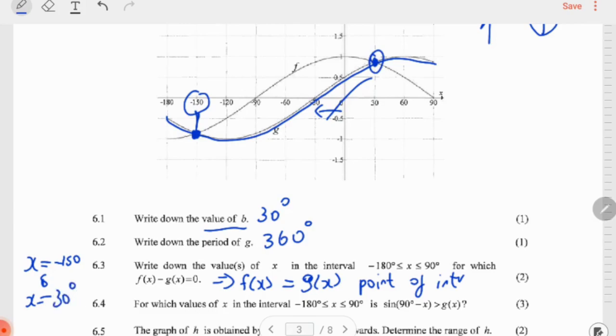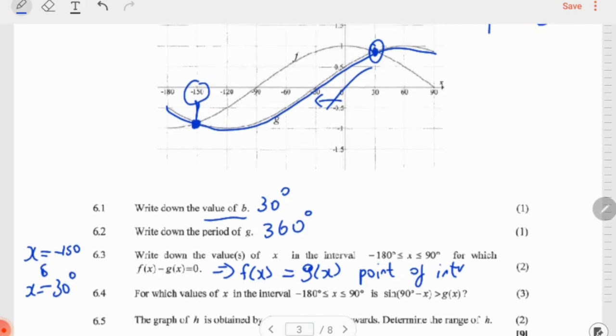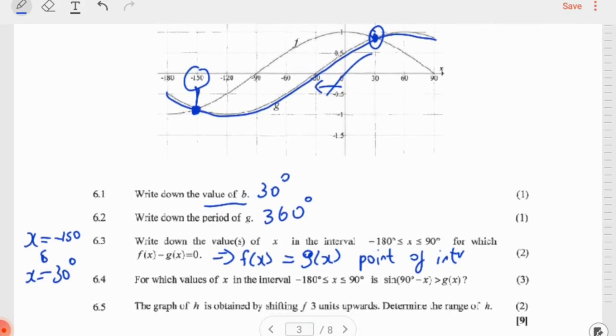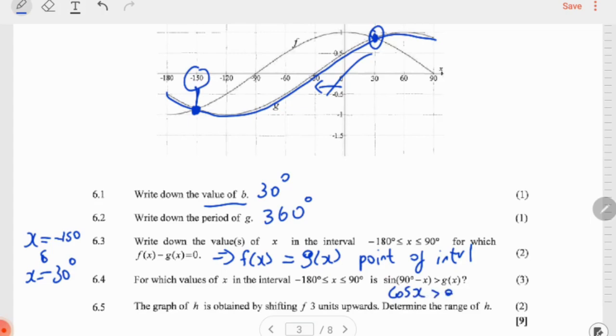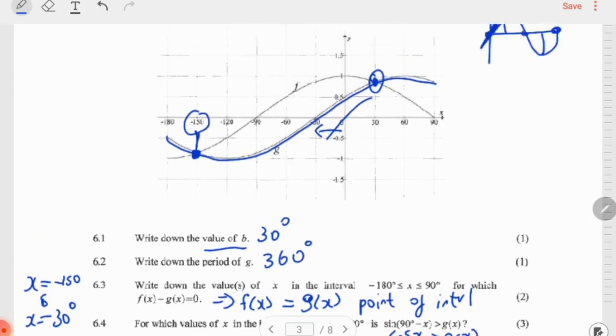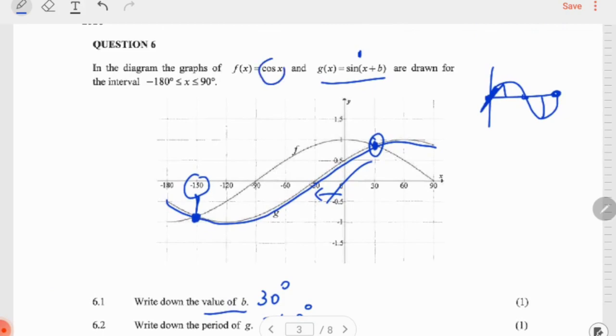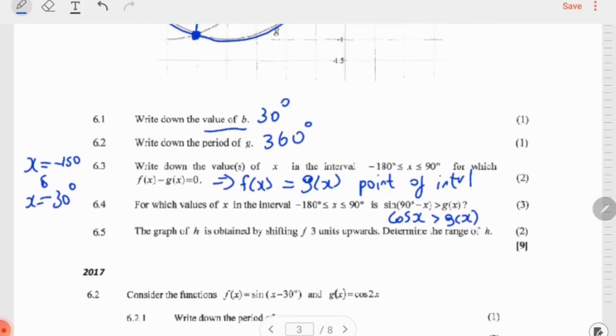All right. And then 6.4, for which values of x in the interval 180 to 90 is sine of 90 minus x greater than g at x. Okay, sine 90 minus changes that to a cos. So this is cos of x greater than g at x. And according to our information, cos of x is f at x.